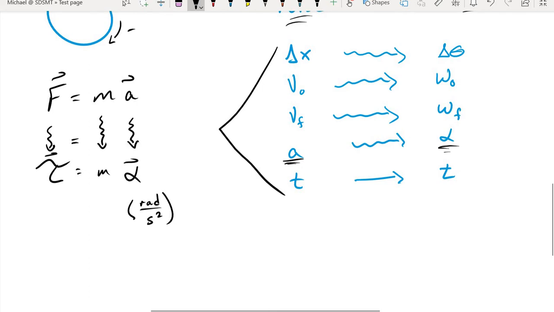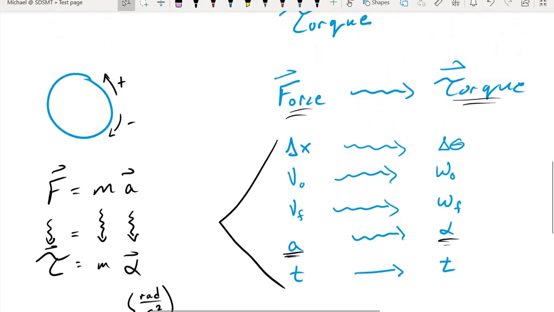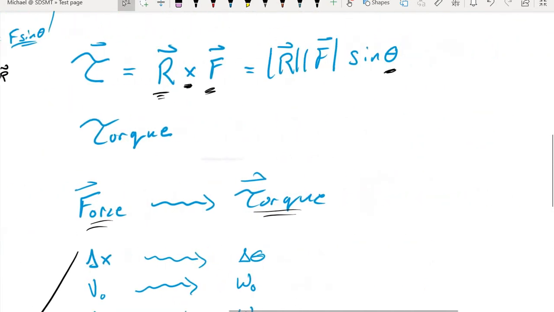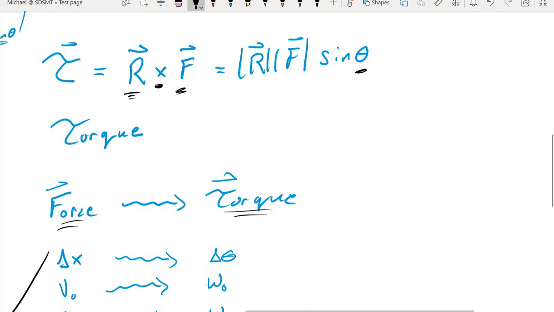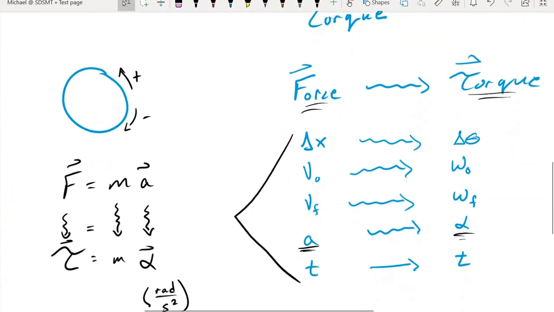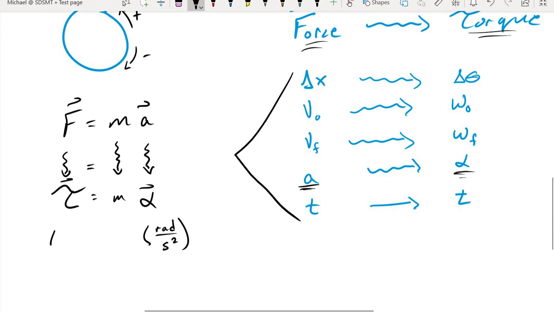For torque, let's come back up here and look at what we're using for torque. We're using meters for the units of the radial vector, and we have newtons for force. And so the units for torque are Newton meters.